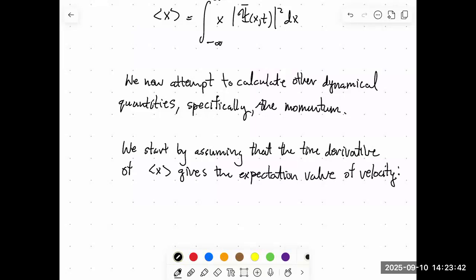Okay, so we're going to make the assumption that we can do a calculation like so. So this is really a postulate.